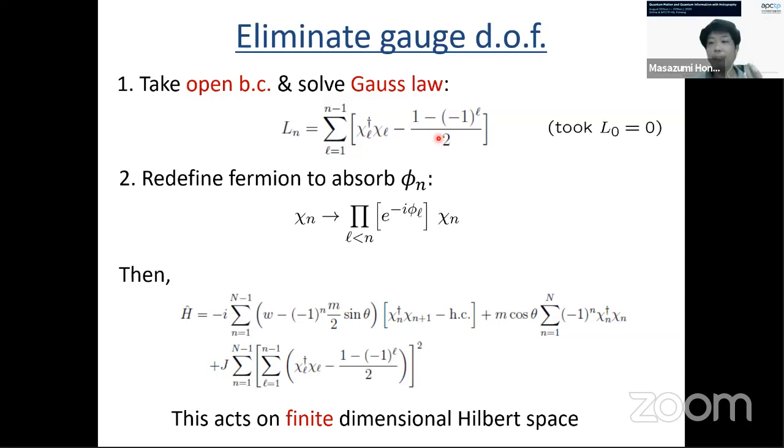And the most naive approach is to impose just a truncation in Hilbert space, for example, on the eigenvalue of the flux. In principle, this breaks gauge invariance.